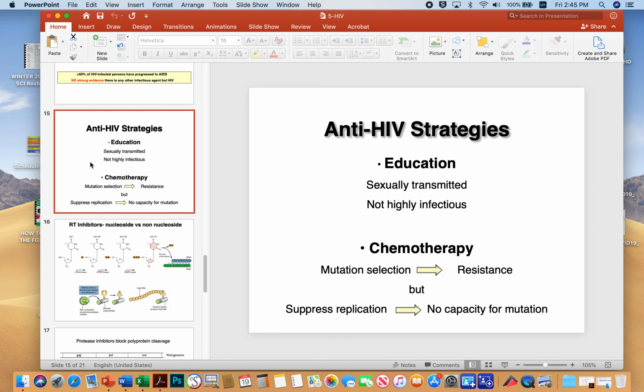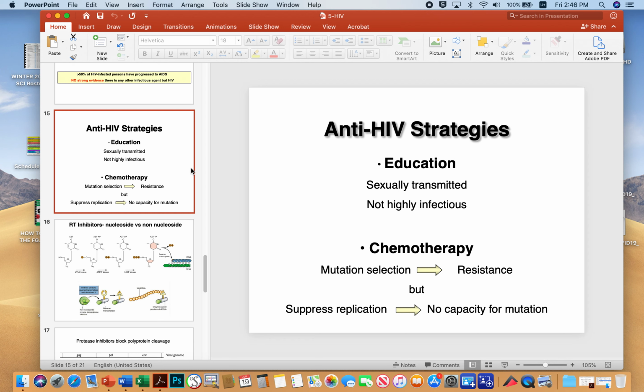Some of the anti-HIV strategies include education, and that's easy enough because it's primarily sexually transmitted. It can also be transmitted through blood transfusions and so forth. But in the general population, because it's sexually transmitted, pamphlets and sex education and condom distribution, things like that can actually have a great effect.